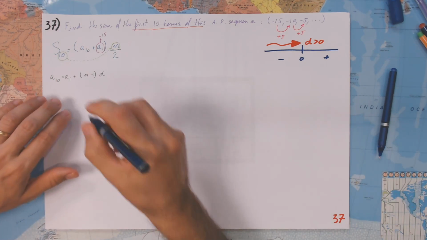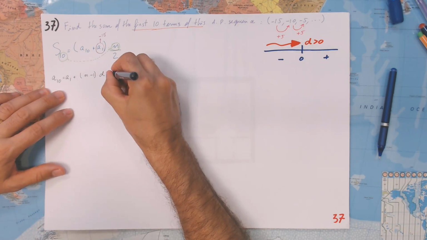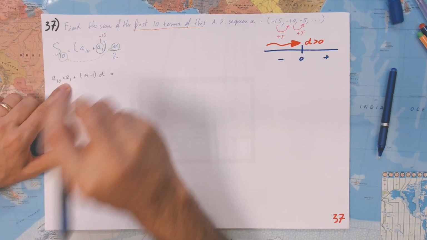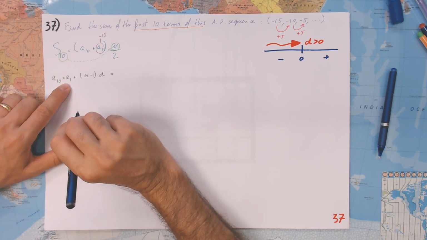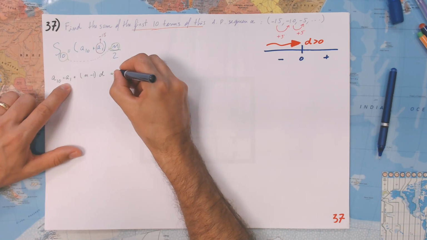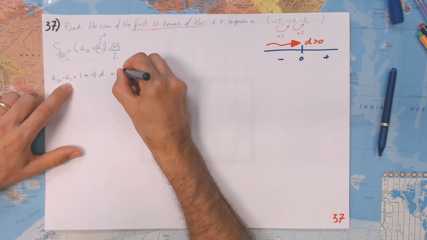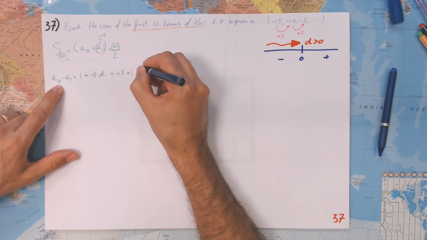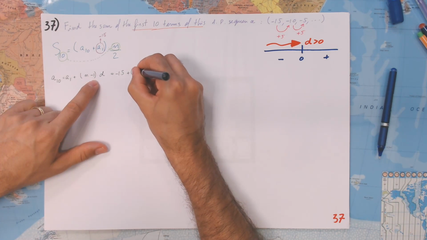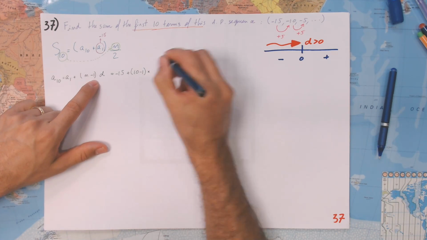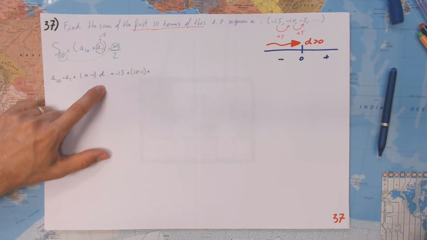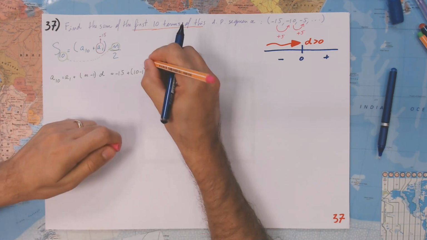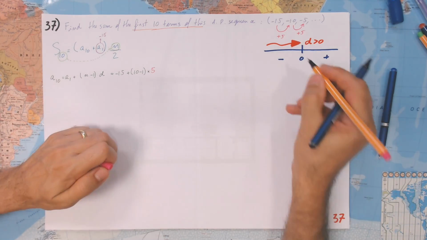And now let's continue here. So what is going to be our a10? A10 is just going to be a1, which is minus 15, plus n minus 1, which is 10 minus 1, which is 9, times d, which is 5, right? Let me even write it this way. This is our d.